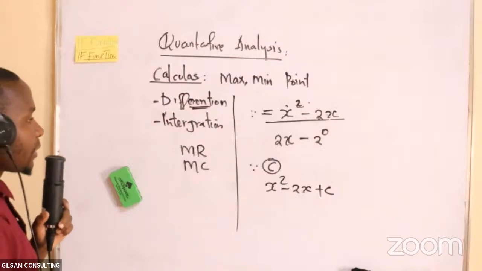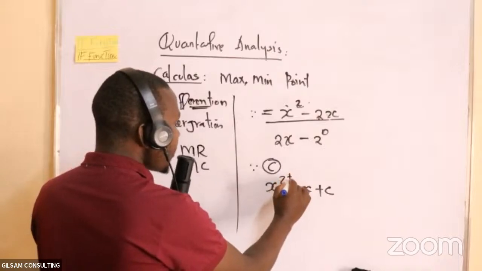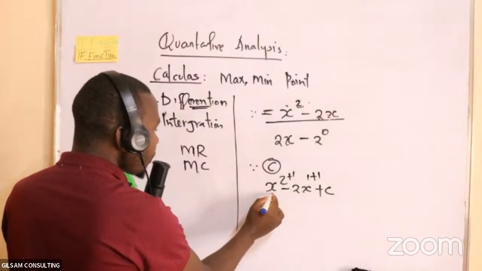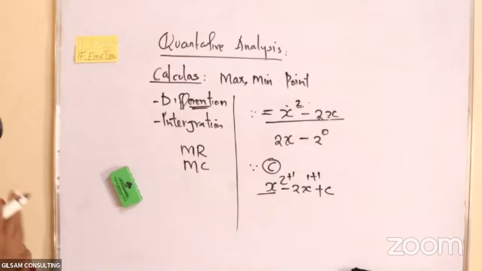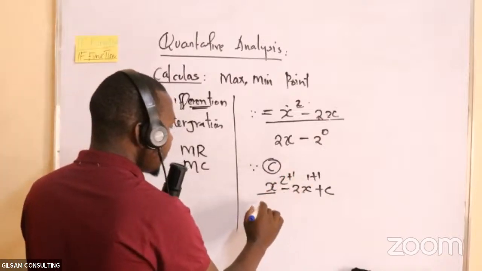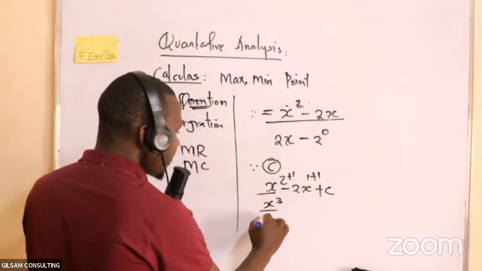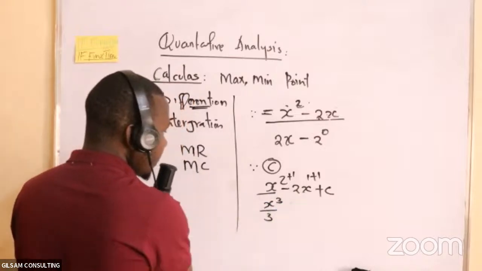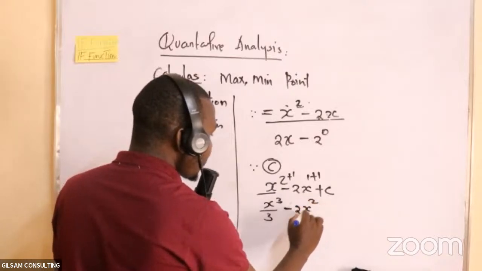Then now the powers, this one, you add 1 and divide, and that one, you also add 1 and divide. So this one will be 3. It will be x cubed over 3 minus 2x squared, we divide by 2.